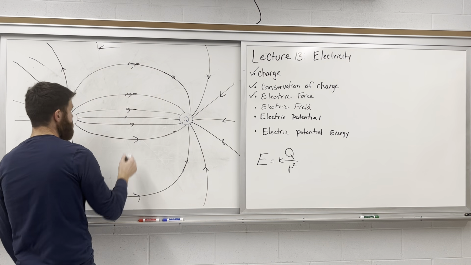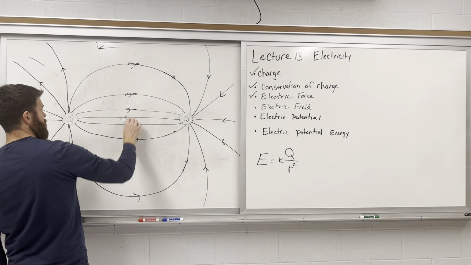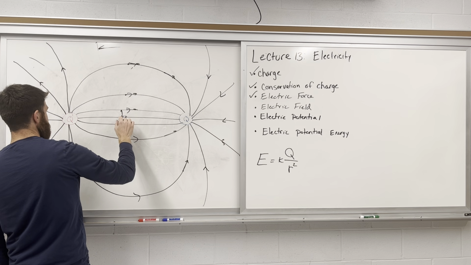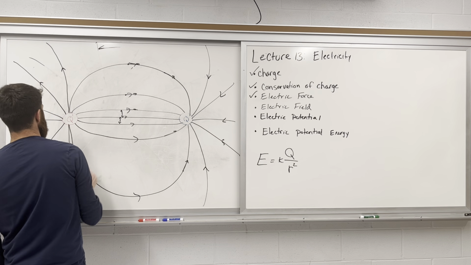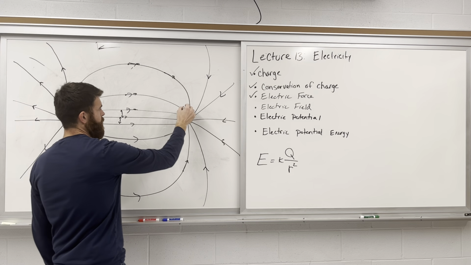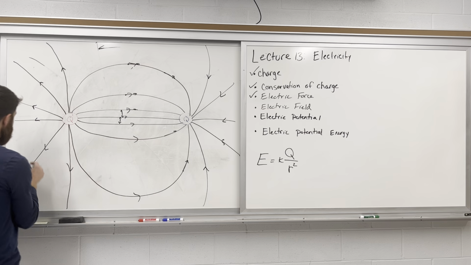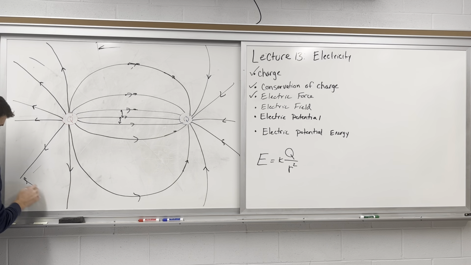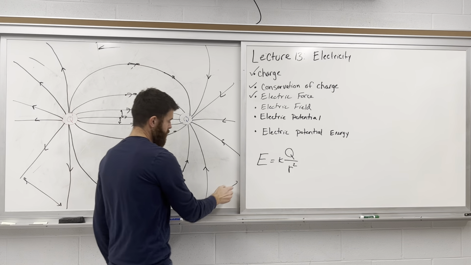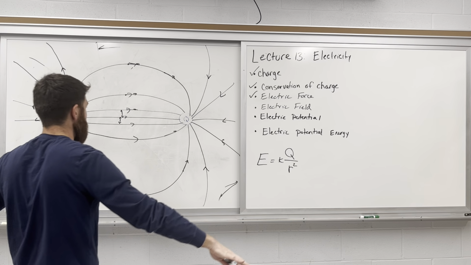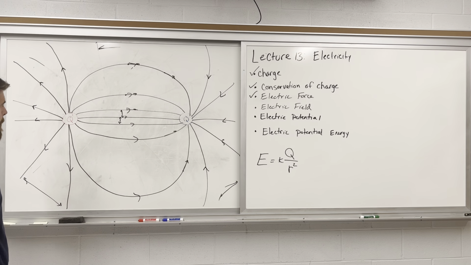And so the electric field is the strongest here, where the distance between the electric field lines is smallest. I tried to draw them equally spaced, radiating from each charge. You can see the electric field is weakest over here and over here, and it gets even weaker as you go further away.